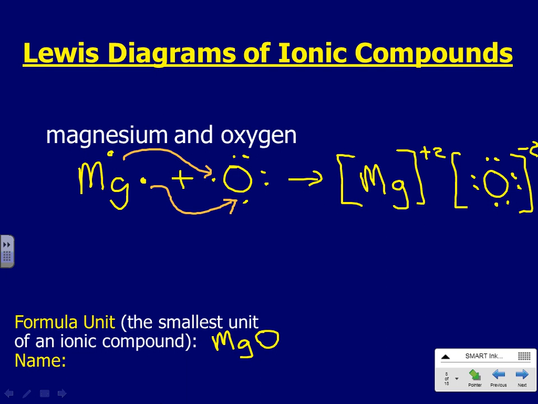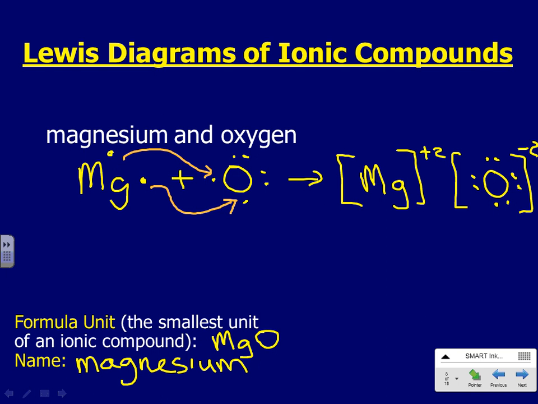Okay? Now the name. We know how to name each of these ions. When metal atoms become ions, they keep the same name. So this is magnesium. But when the nonmetals become negative ions, actually anything that's a negative ion, will have this particular name.